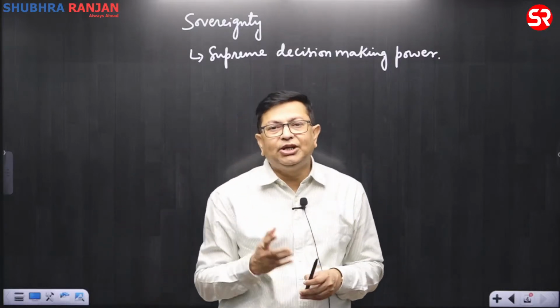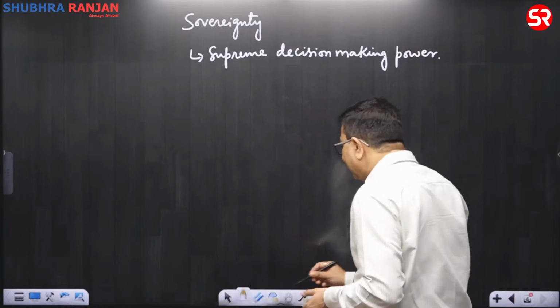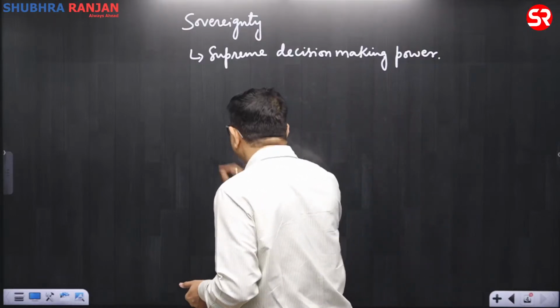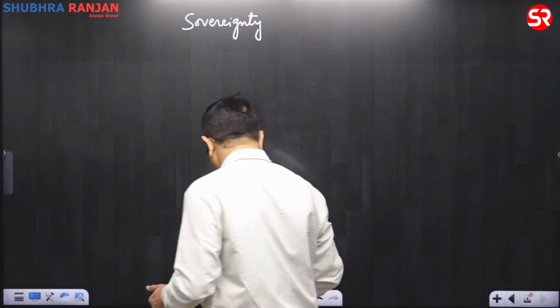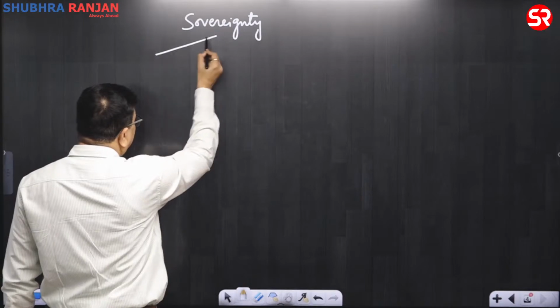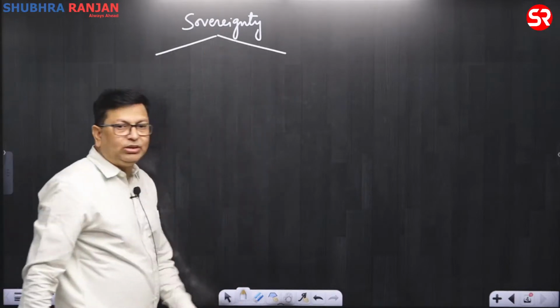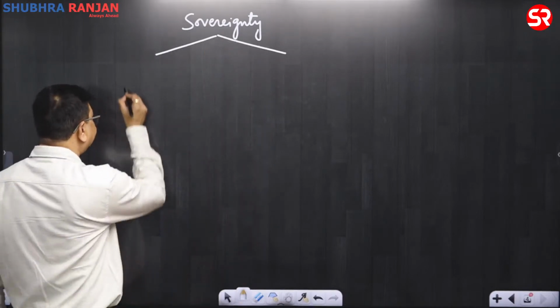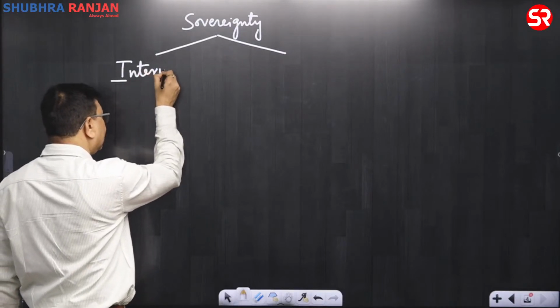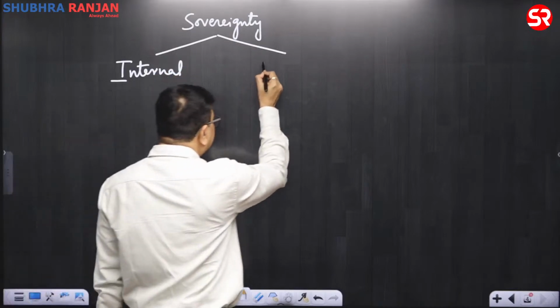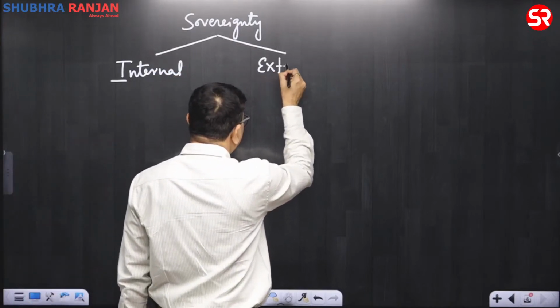But here, when we are talking about the sovereignty of a state, a state enjoys two types of sovereignty: internal and external.